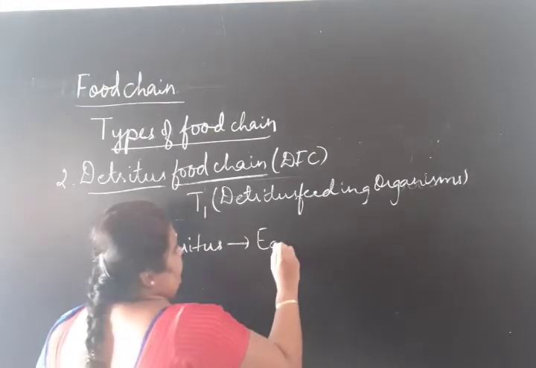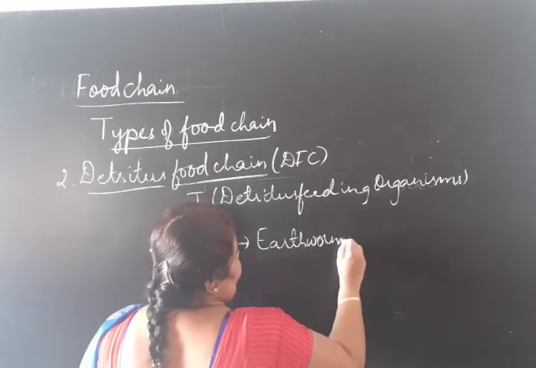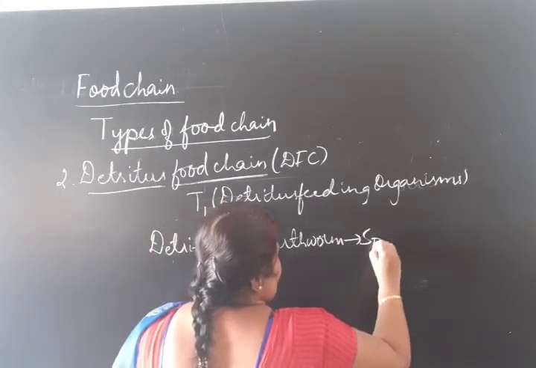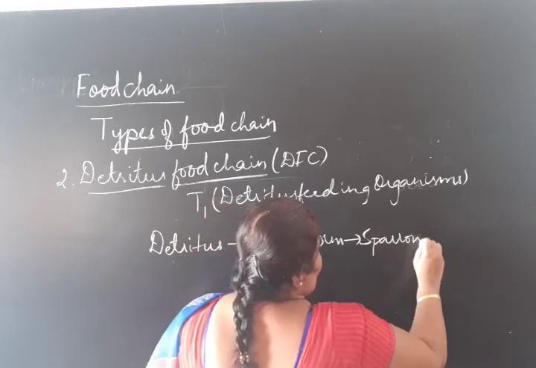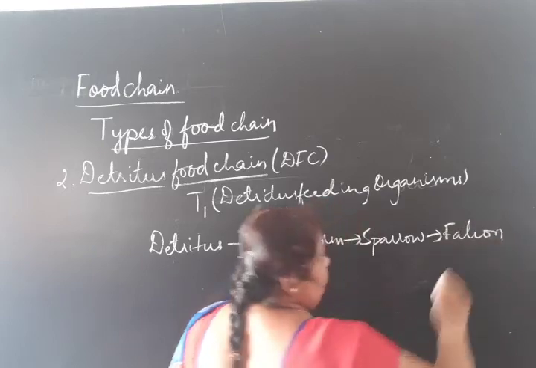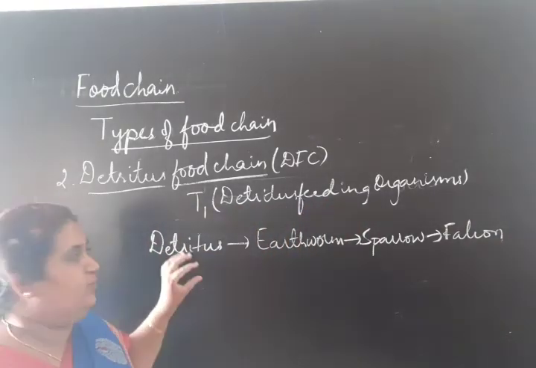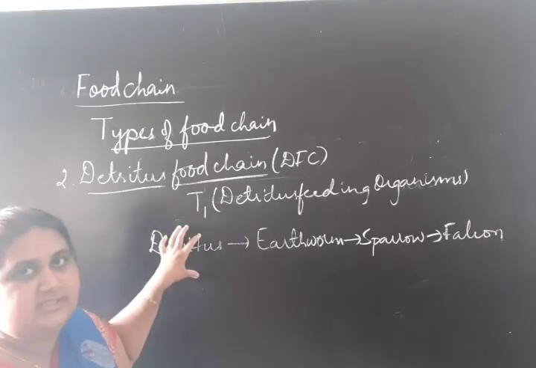Example: detritus, earthworm, sparrow and falcon. You can find energy flow begins from the detritus.